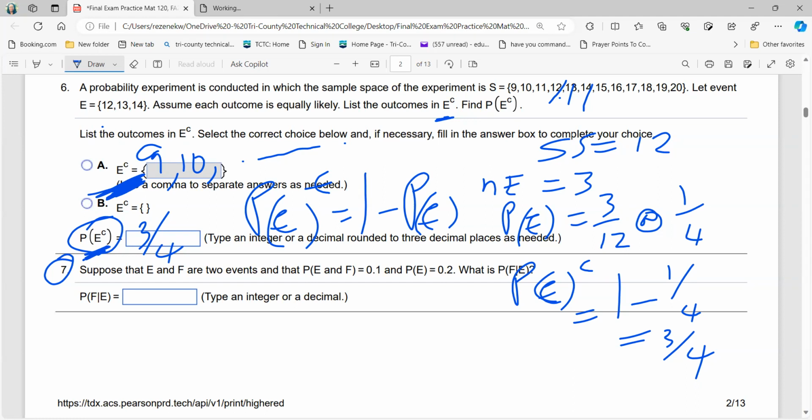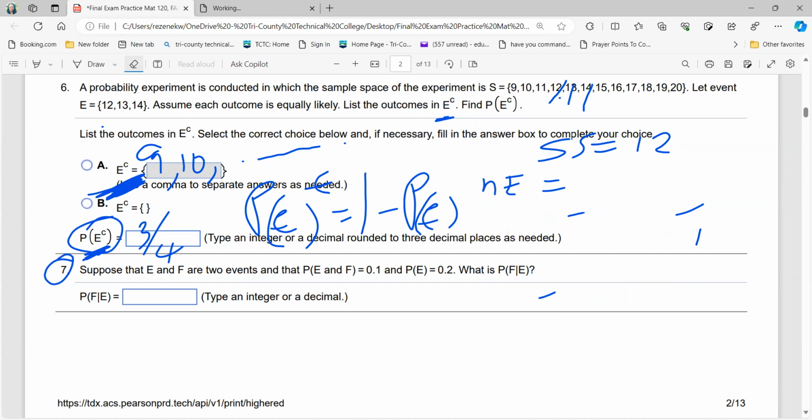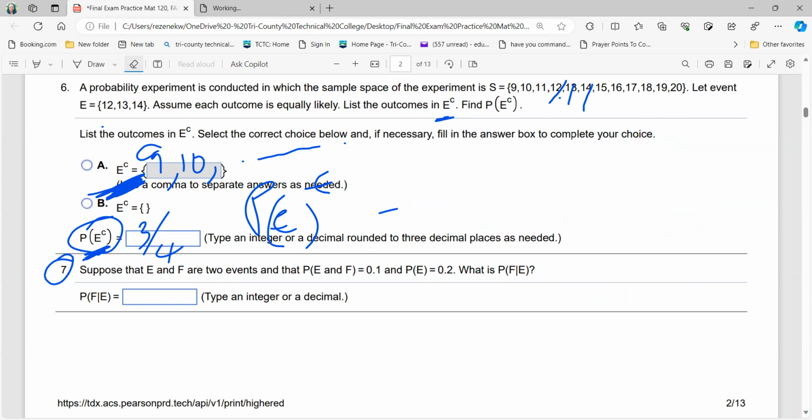Let's make sure we define our conditional probability correctly. You want to make sure that you know the formula. That formula is very, very important.